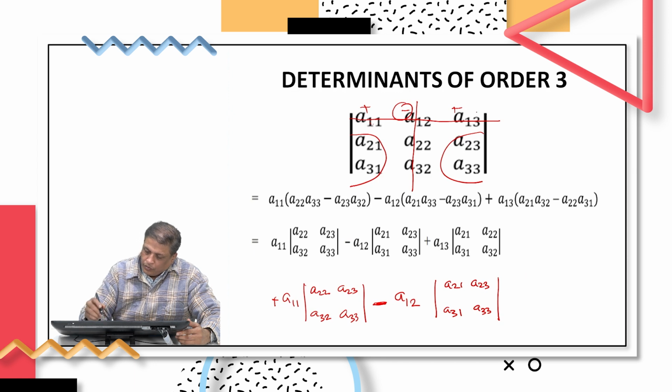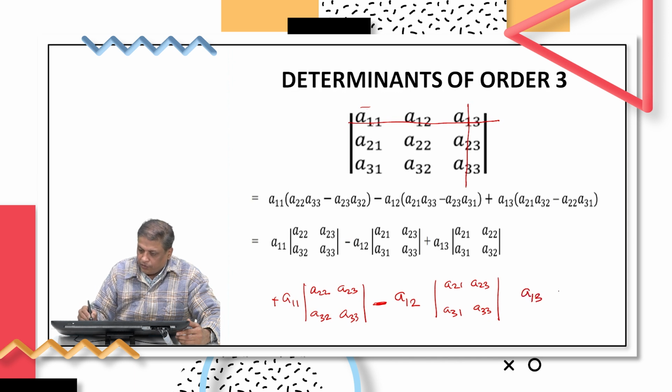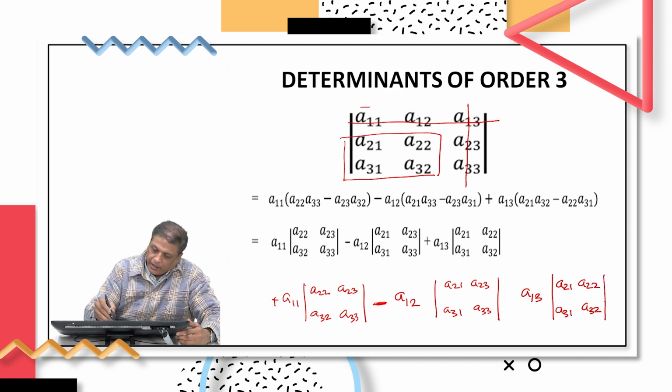Again, we take the third element, that is first row and third column. That element is A13. After that, the determinant of order 2 is A21, A22, A31, A32. And the polarity of the sign is plus, minus, plus, so again the sign should be positive.